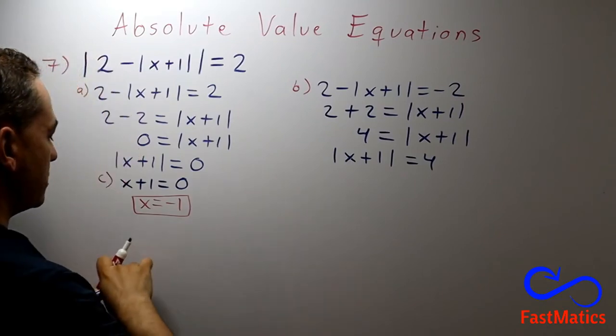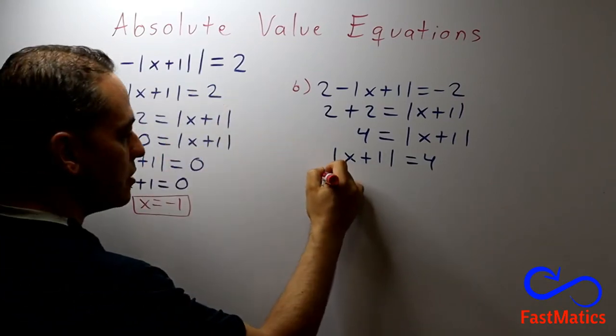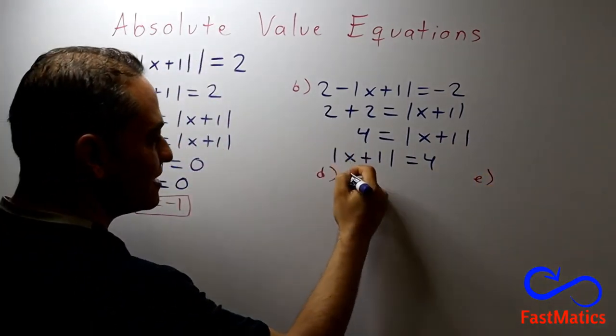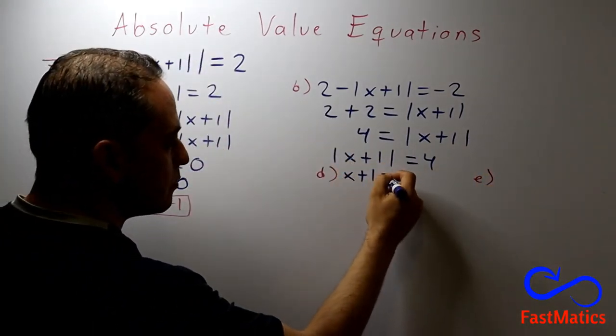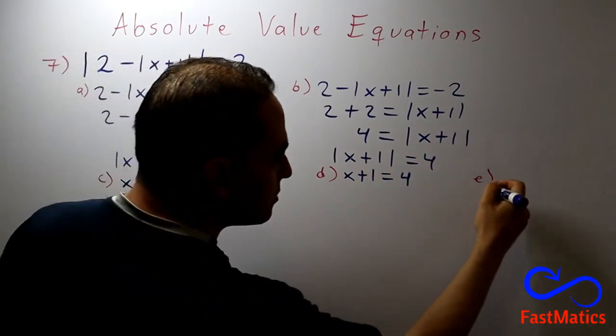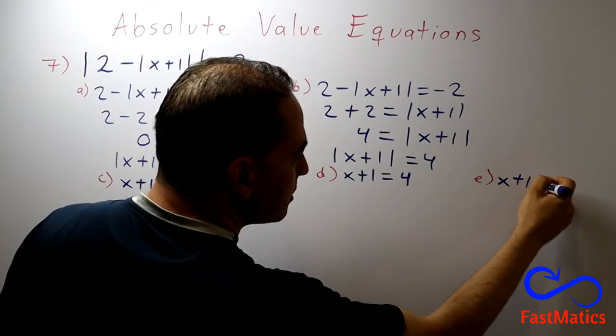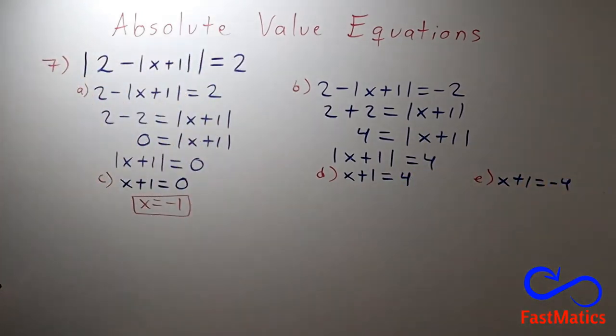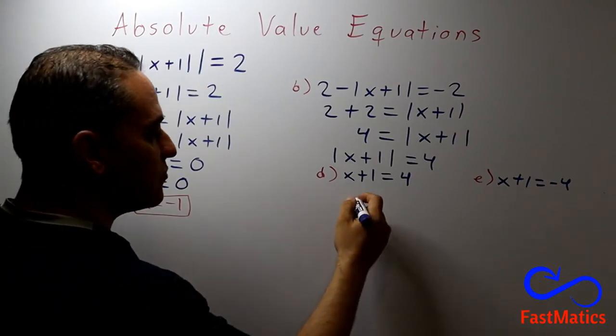Now two possibilities, A, B, C, D, E. The expression inside the absolute value will be equal to the right side in positive, and the expression inside the absolute value will be equal to the negative of the expression on the right side. I will solve it.